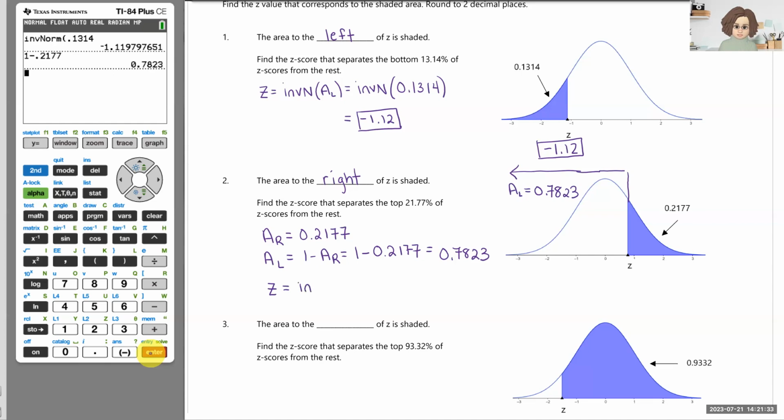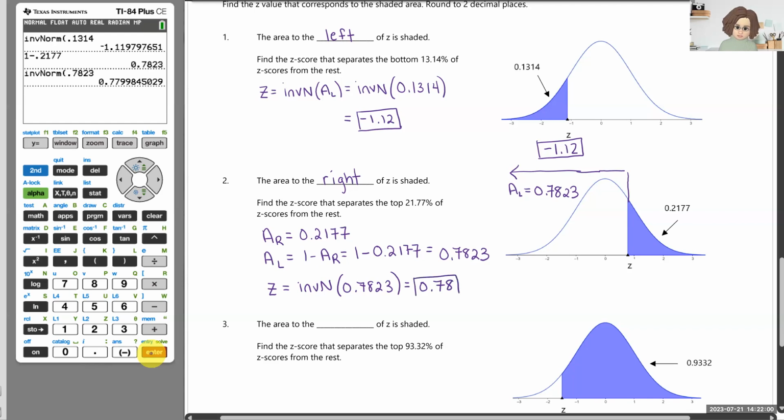We always inverse norm the area to the left of the z-score we're trying to find. Again on our calculator, second distributions, inverse norm, 0.7823, and that comes out to be 0.78.